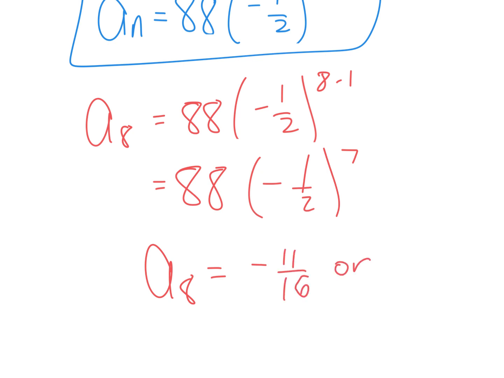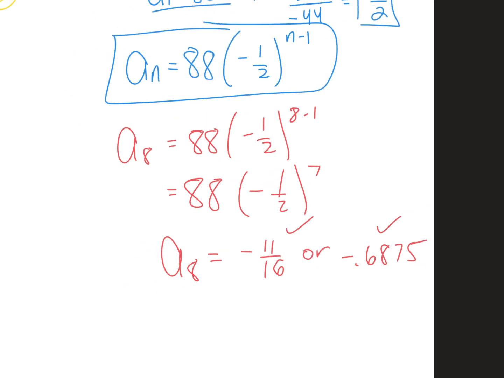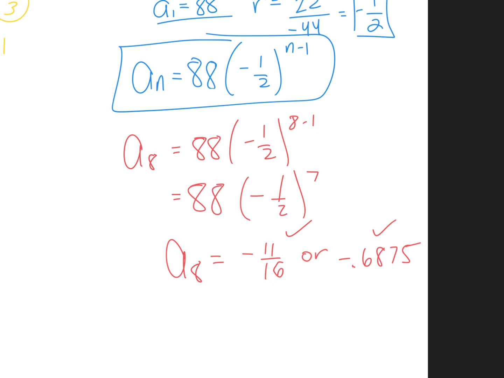Anybody else get anything different? 0.6875? Yep, perfect. If your question says, what's the answer, either one of those is fine. If your question says decimals only, this is what you need. If your question says no decimals, then this is what you need. All right, we're good?